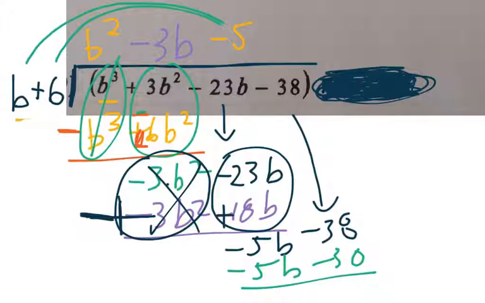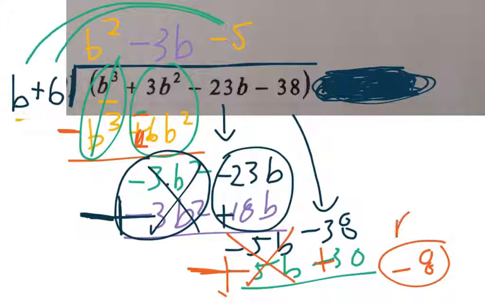Watch your signs, guys. Watch again, guys. When I minus, do you agree that negative 5b becomes a plus 5? The minus 30 becomes a plus 30. My 5b goes away. I have negative 38 plus 30 is negative 8. This is my remainder.